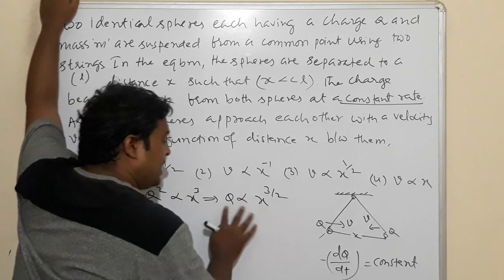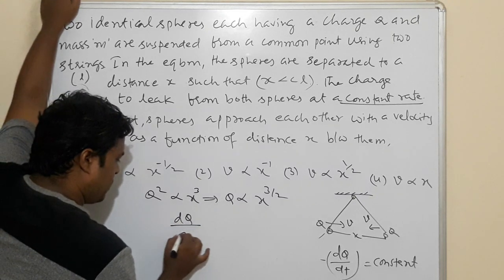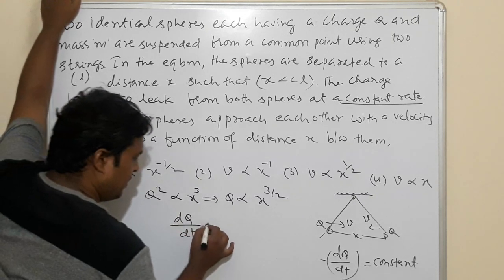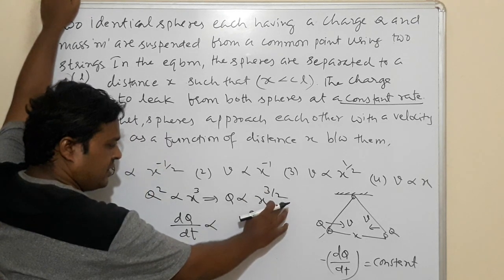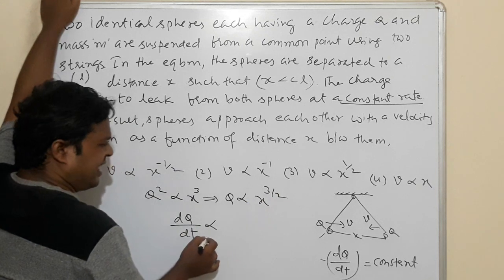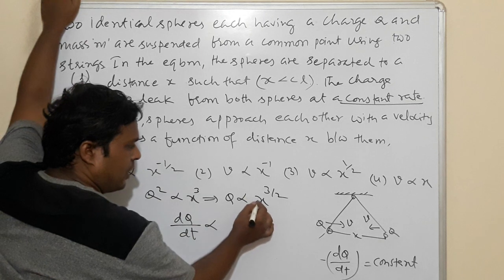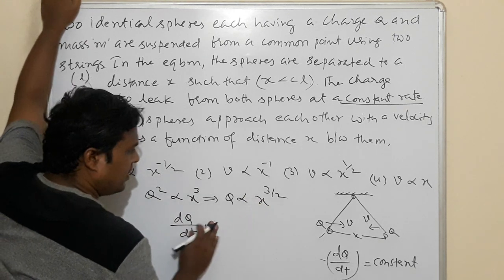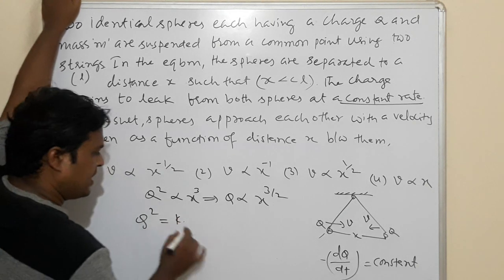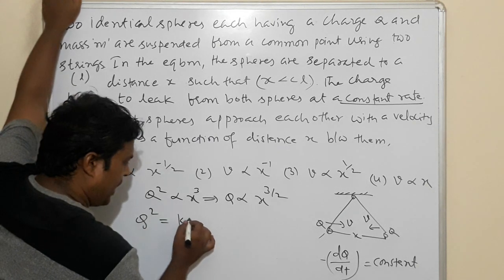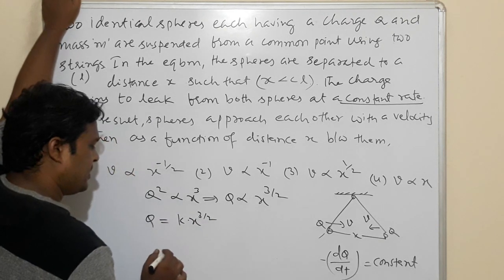I can write a constant here while differentiating, so q square is equal to some constant into x cube, q is equal to this constant into x raised to 3 by 2.